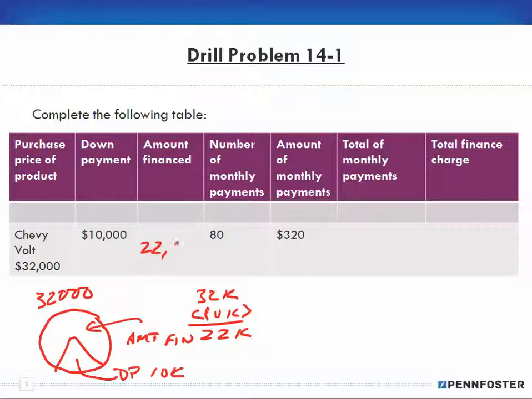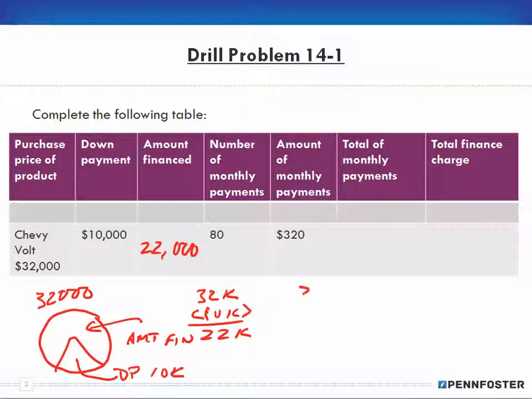So that's $22,000. Now, it's telling us that the number of monthly payments is 80 and that the amount of the monthly payments is $320. Well, if we know that we have to make 80 payments of $320, that's the total amount that we're going to pay back. But we only borrow $22,000. So the difference between the two will have to be the total amount of our finance charges. Right?